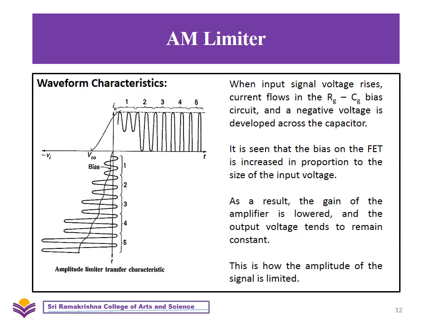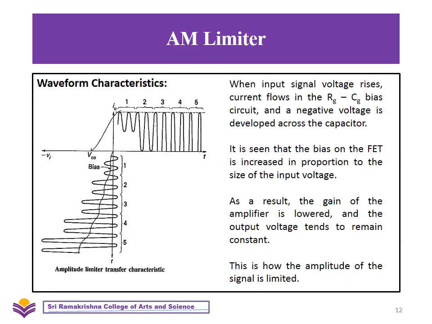When the input signal is applied to the circuit, it will raise the current flow, which is given to the resistor RG and CG biasing circuit, and it will produce a negative voltage which will develop across the capacitor. It is seen that the bias of the FET is increased in proportion to the size of the input voltage. The bias of the FET will be increased according to the size of the input voltage.